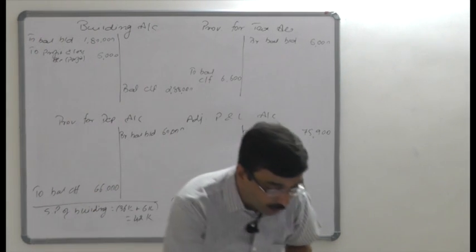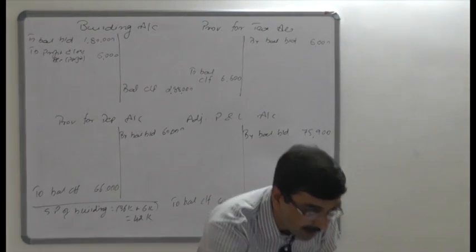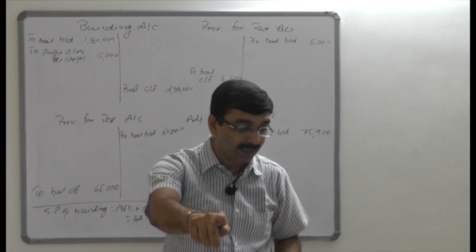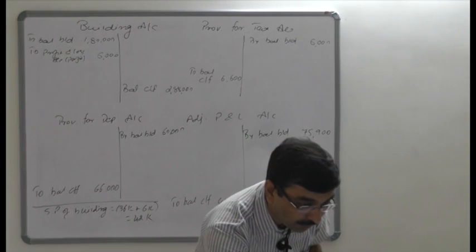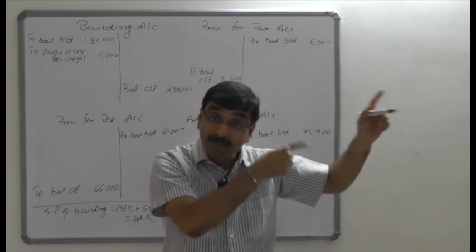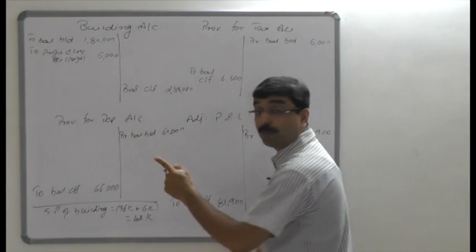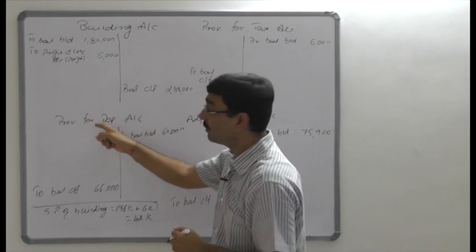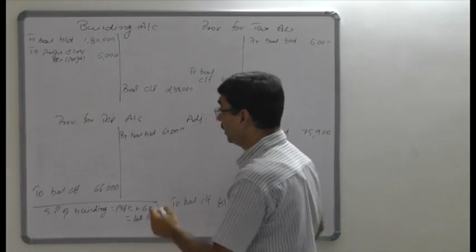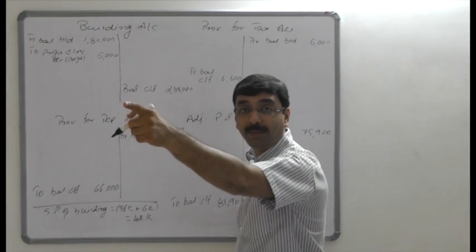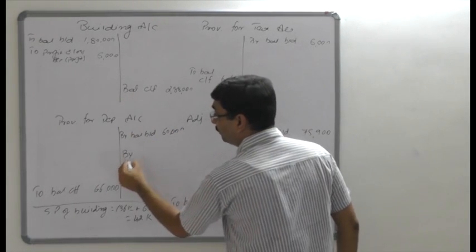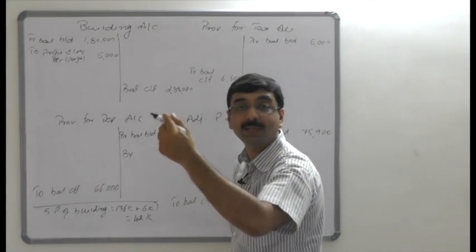Now see how much depreciation was already recorded on the profit and loss account debit side, that is 30,000 rupees. Which account is it transferred from? It is always transferred from the provision for depreciation account. If it is recorded in the P&L account debit, it always comes from the provision for depreciation account credit.